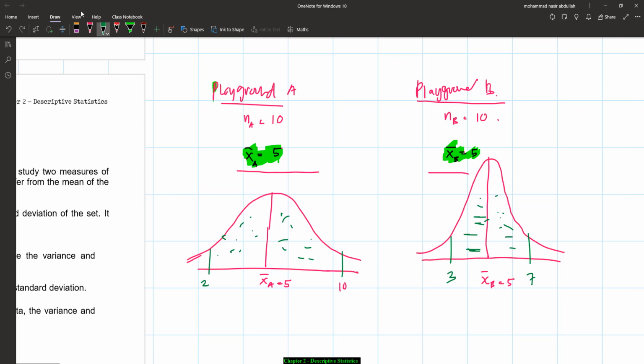So relying on the measure of central tendency itself is not enough to know the shape of the data distribution, or to compare the distributions of two or more groups.